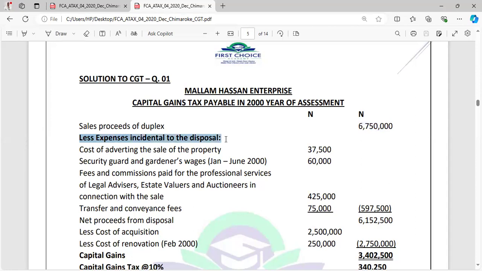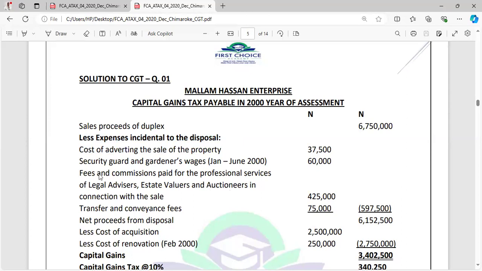What are these? We mentioned cost of advertising the property. It was 37,500. We have the security guards and gardeners wages, 60,000.